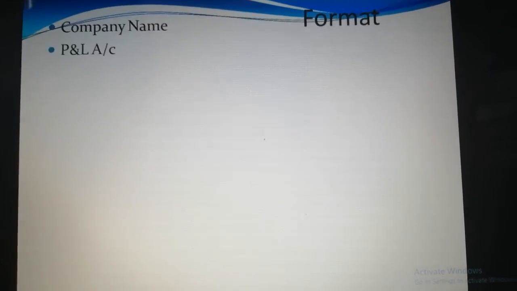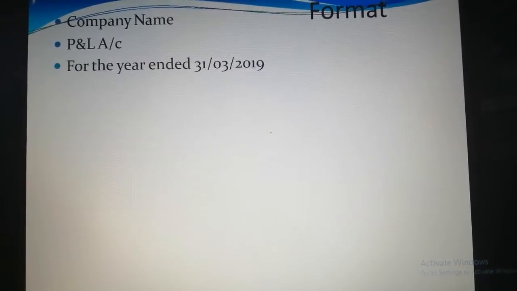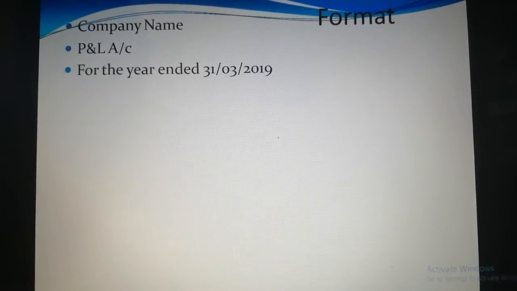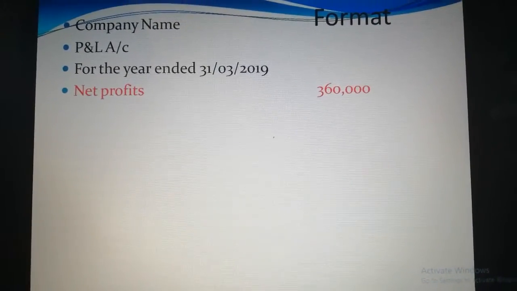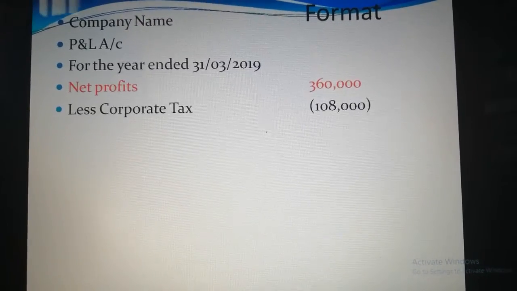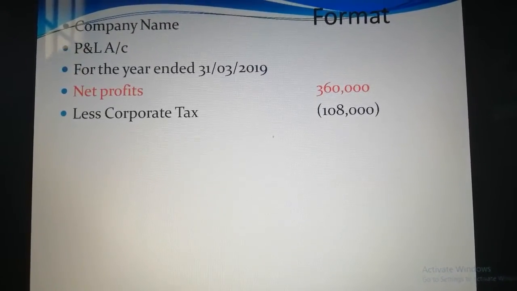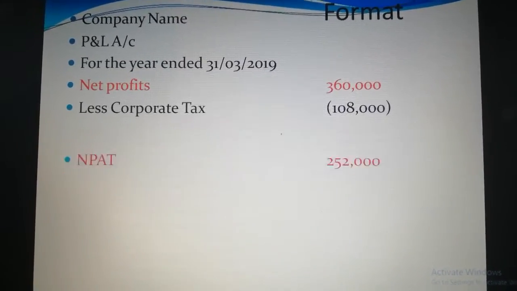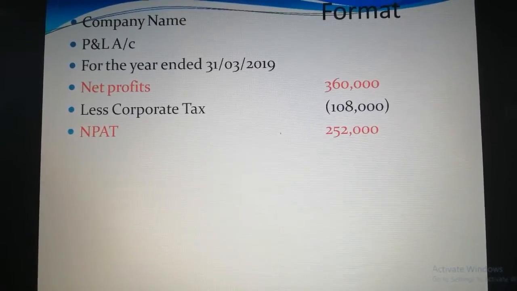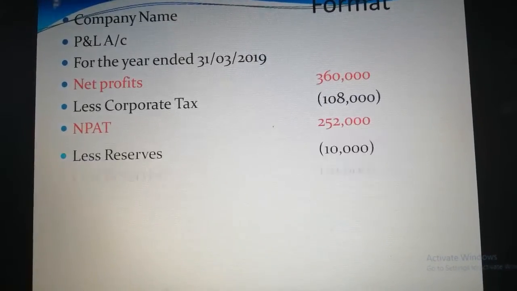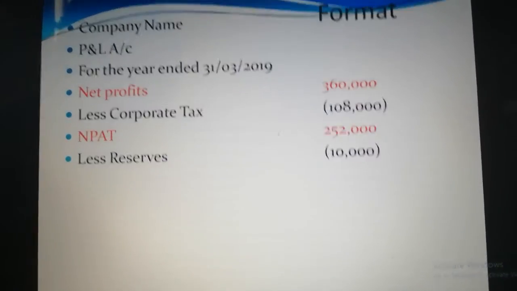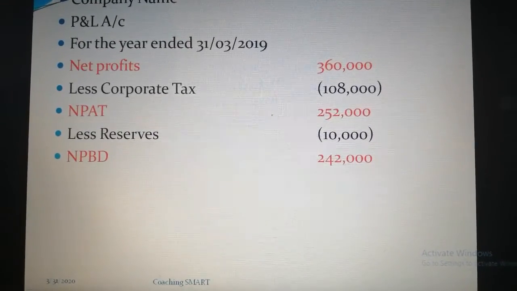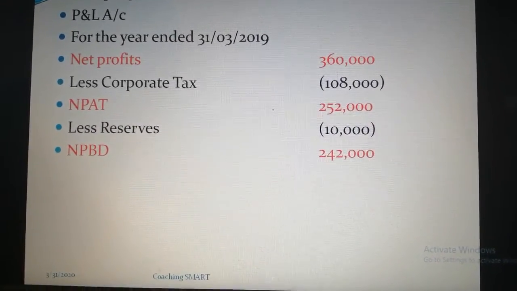Again, we have the name of the company, profit and loss appropriation account for the year ended 31st March 2019. We have net profit 360,000 less corporate tax, 30% of 360,000 is 108,000. Net profit after tax is 252,000 less reserves 10,000. You get net profit before dividends, which is 242,000.